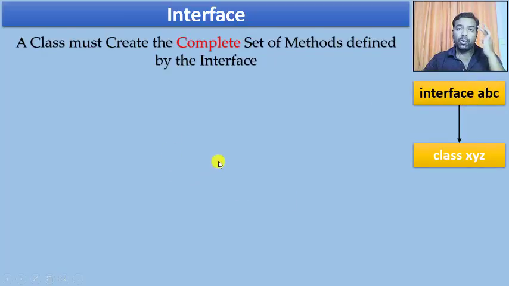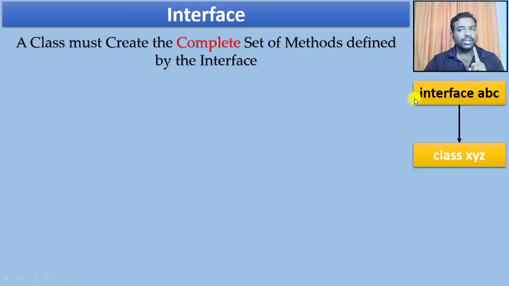And whenever a class is going to make use of an interface, keep this point. Every method of an interface is going to be bodiless. It doesn't have any function body, remember this.